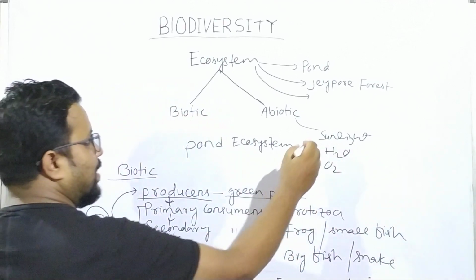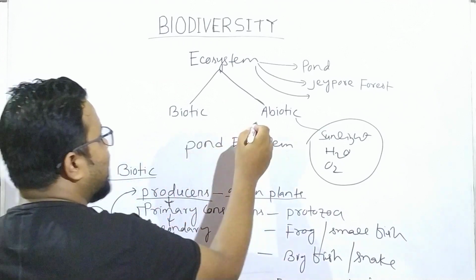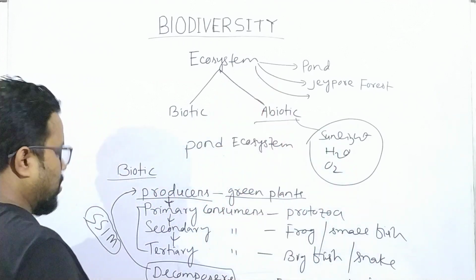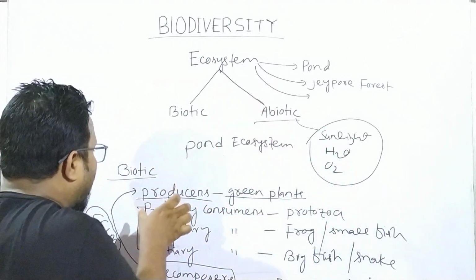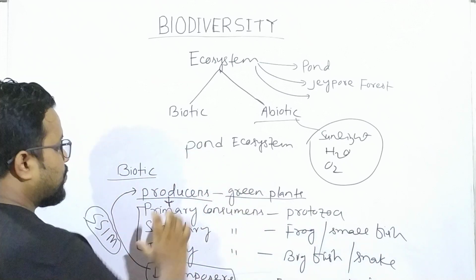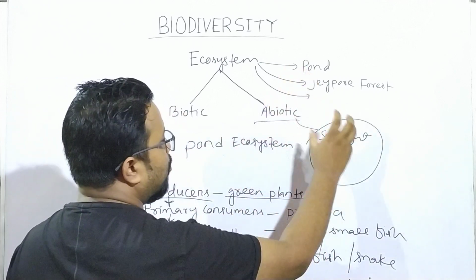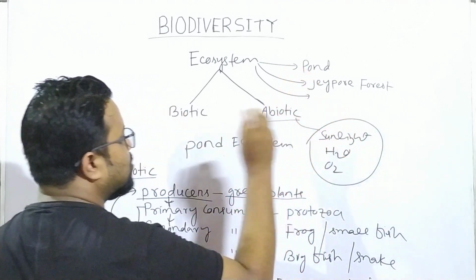They are also present in the pond as what? Abiotic components. So these biotic components, besides interacting among themselves, also interact with the abiotic components in the form of sunlight, water, oxygen, etc.